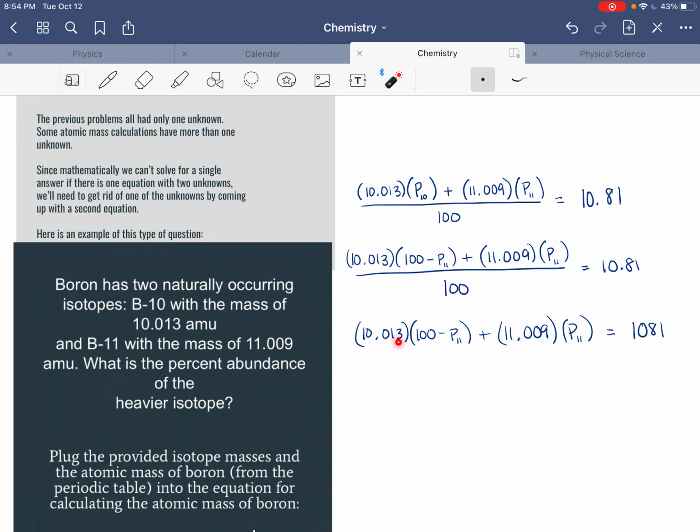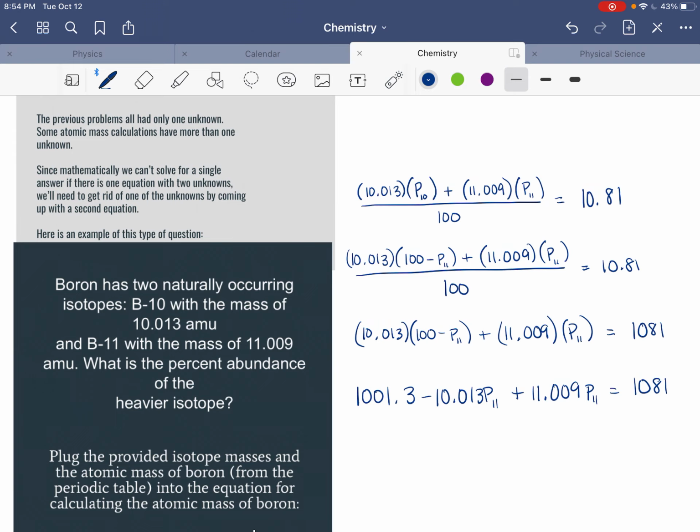So my 10.013 is going to multiply by 100, and then I'm going to take this and multiply it by the -1. So whenever I do that, I'm going to get 1001.3 minus 10.013 P11 plus 11.009 P11 is equal to 1081.